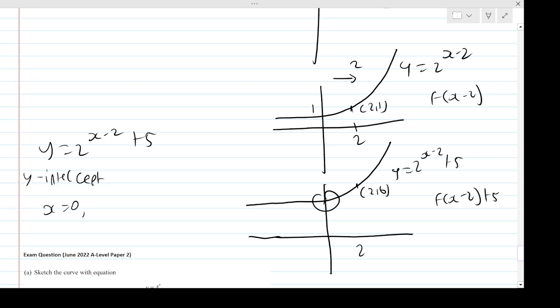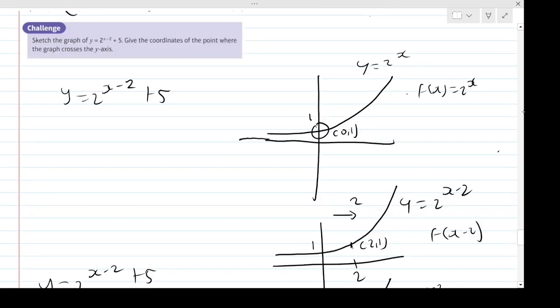So if I set x to 0, then y will be 2 to the 0 minus 2, add 5. If I put 2 to the minus 2, then add 5 in the calculator, that will be 5.25. So that would be my y-intercept there. 5.25. Cool. So there we are.